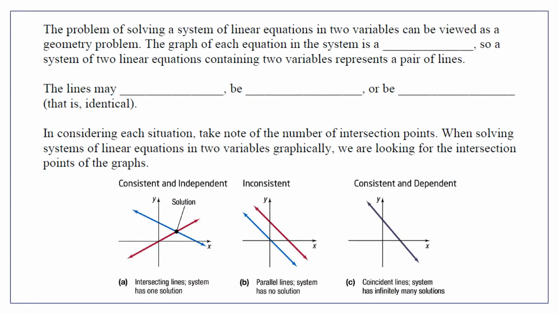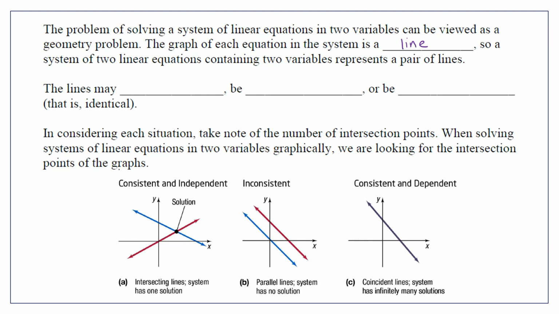The problem of solving a system of linear equations in two variables can be viewed as a geometry problem. The graph of each equation in the system is a line. So, a system of two linear equations containing two variables represents a pair of lines.